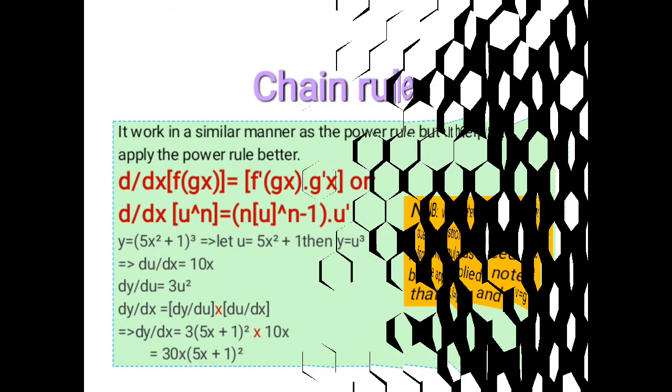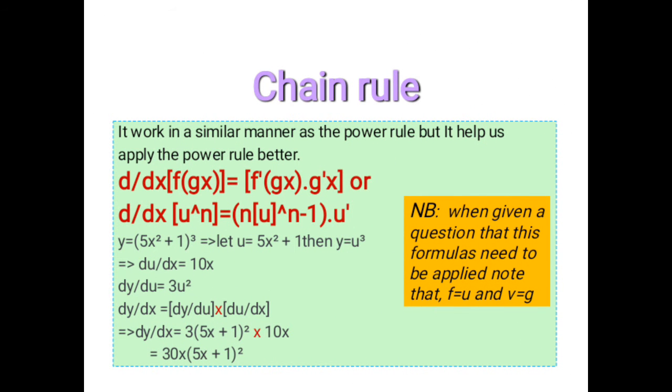Entering the chain rule proper, it works in a similar manner as the power rule, but it helps us to better apply the power rule. The chain rule has a formula given as d on dx of a certain equation or function f of g of x.